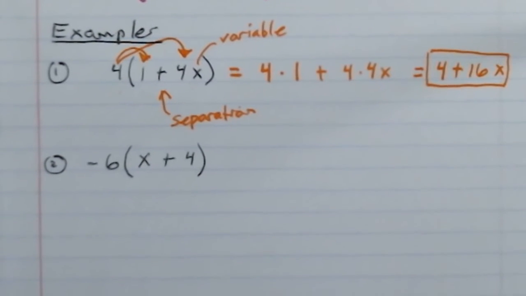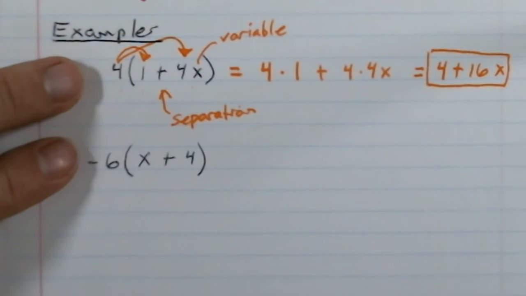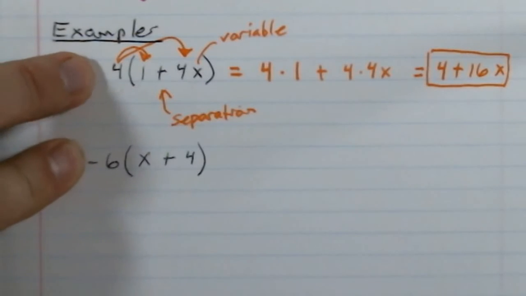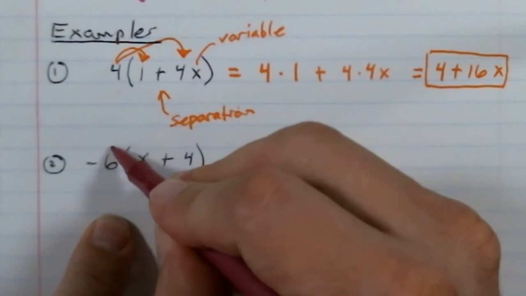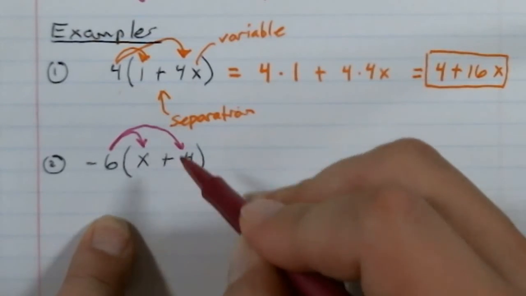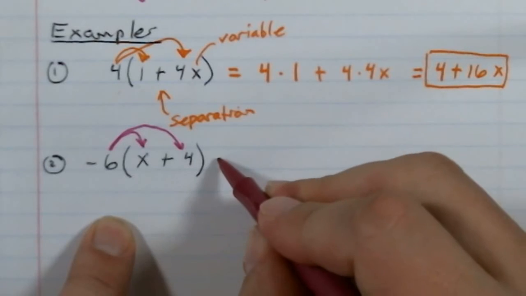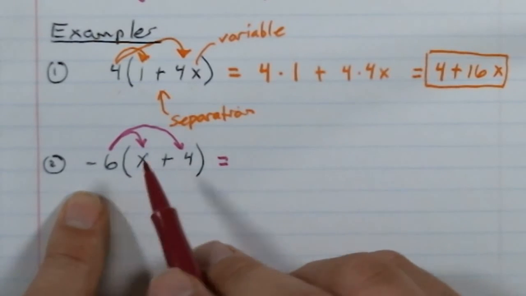You can almost see the similarities between these two. A lot of this is just repetition, and that's all you have to do, keep that repetition down in the problems. So again, we go boom, and boom. What's negative 6 times x?